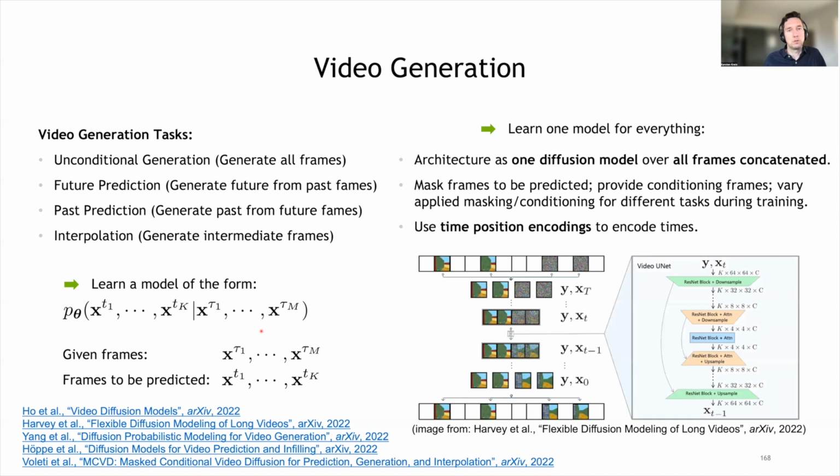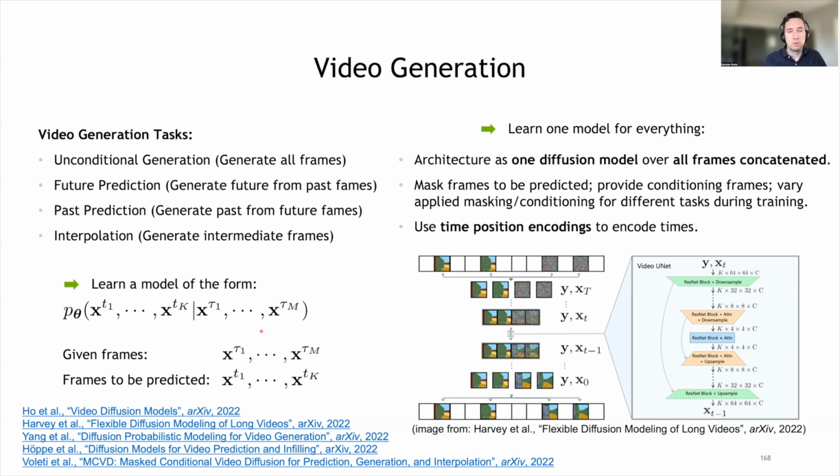Something we see in multiple of these recent works is that they try to learn one diffusion model for everything. They concatenate and combine both the frames to be predicted and the conditioning frames together, and then some of these frames, the ones to be predicted, are masked out.